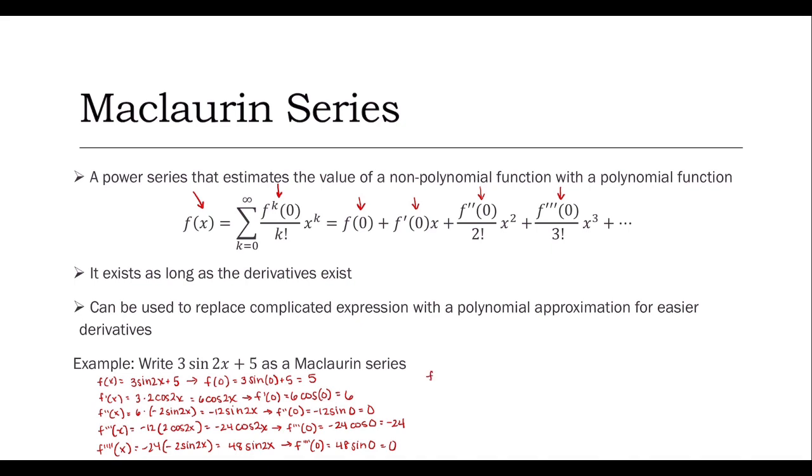So our f of x will equal f of 0, which is 5, plus f prime of 0 times x, so we have 6 times x, plus f double prime of 0, which is 0, over 2 factorial times x squared, plus f triple prime of 0, which is negative 24, over 3 factorial times x cubed, plus the fourth derivative evaluated at 0, which is 0, over 4 factorial times x to the fourth.